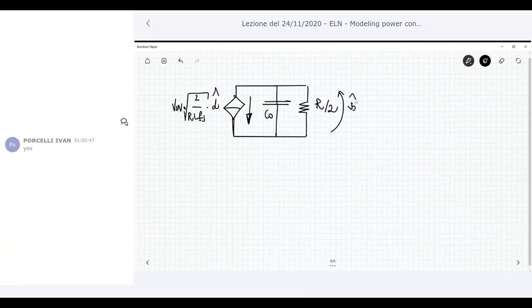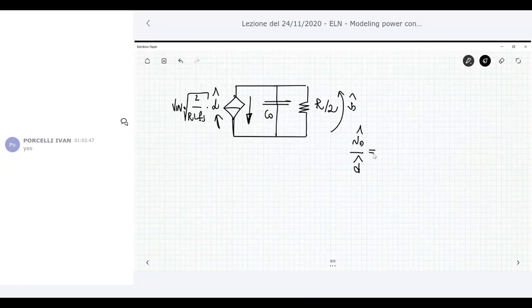Okay. As you can see here, the method is totally a circuital method. Okay, so you have to do some computations, and then you have to derive the correct expression. But now we have just finished our work because we have a circuit in which I have V naught, and the source depends on D. So easily I can derive V naught over D, which is my transfer function, the control to output transfer function. How can you derive this one?